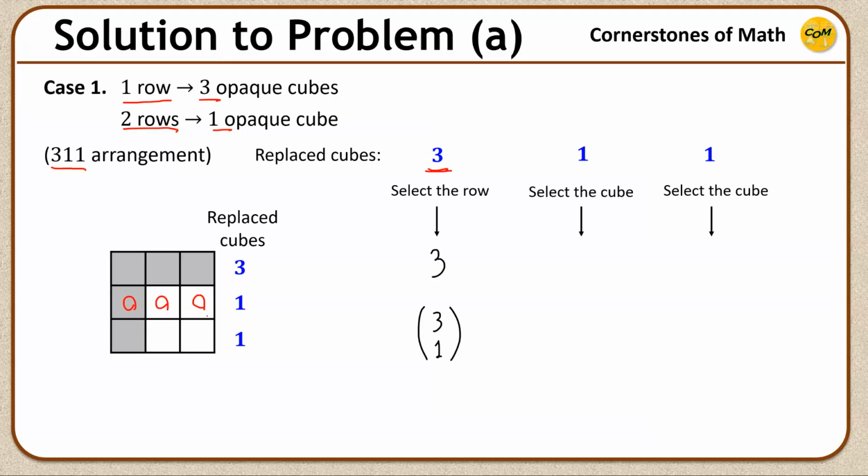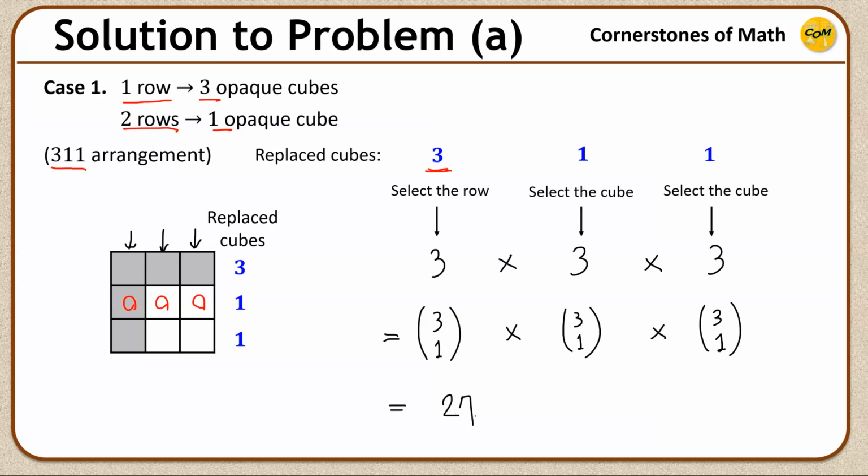Whatever cube you choose to replace, it will generate the valid front view and side view. Therefore, there are 3 ways each to select a position for the opaque cube, or 3 choose 1 ways, choosing 1 position or column out of 3. Therefore, the number of cases is 3 times 3 times 3, which gives 27.